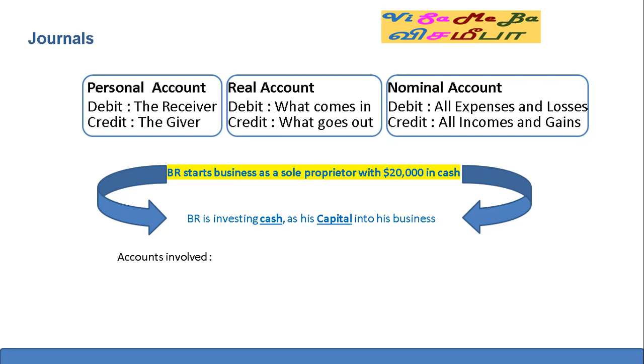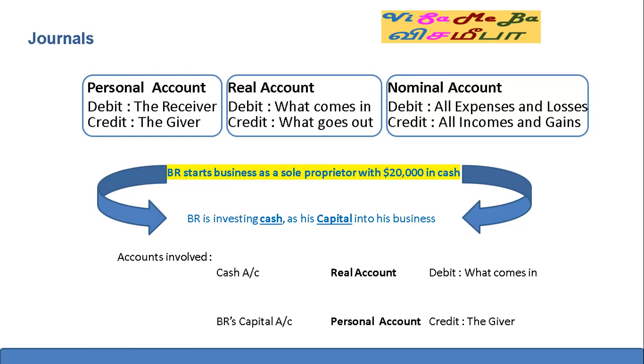So the accounts involved is cash account, which is a real account. So we have to use debit what comes in. The other one is BR's capital account, which is a personal account because it deals with a person, BR, credit the giver.